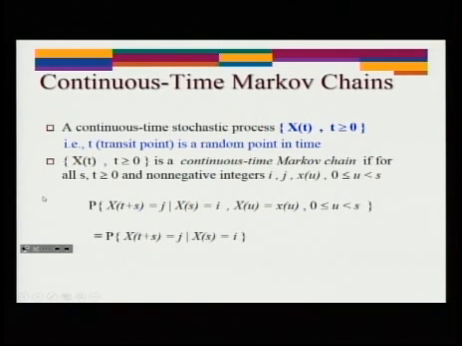So for any given past state and present state, the conditional distribution of the future state is always independent of the past state, but depends only on the present state.